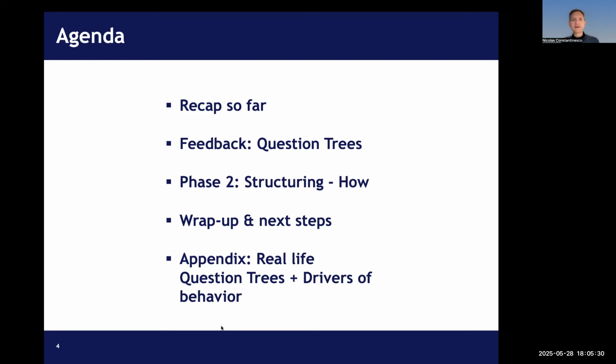there are 2 things. There are real-life examples of question trees. These examples actually come from predecessors of yours. So they're examples that I've selected because I think they're good in many ways. All of them could use some form of improvement, so they're not perfect by any stretch of the imagination, but I think they're all good in many ways.